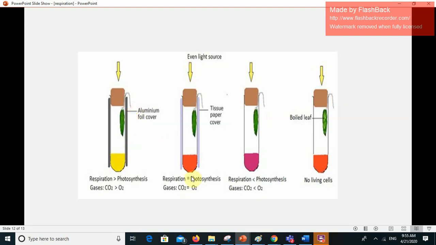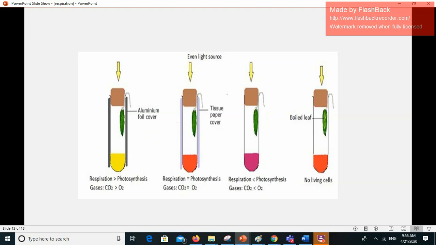Okay, so in this investigation, as you see, here the plant is respiring and is photosynthesizing. What do you think? The plant is respiring. Even if it photosynthesizes, it cannot photosynthesize that much because the aluminum foil is opaque and covers the light from getting in. So here the plant mainly respires.